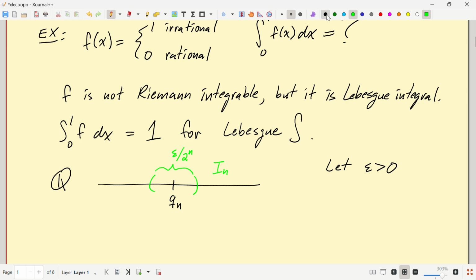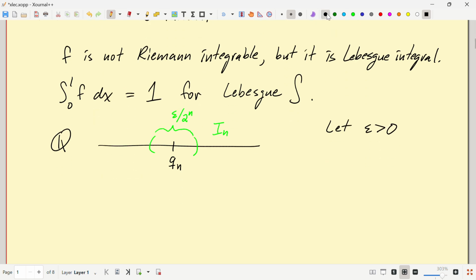Let's enumerate the q sub n's, as n goes from 1 to infinity, as the rational numbers in [0, 1].